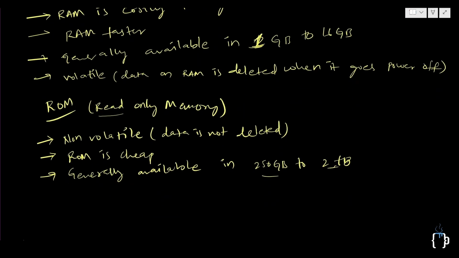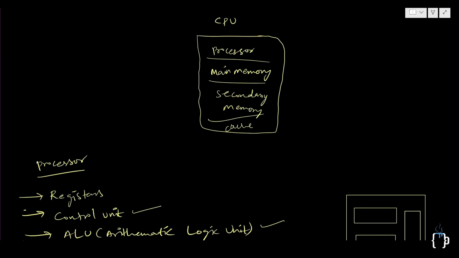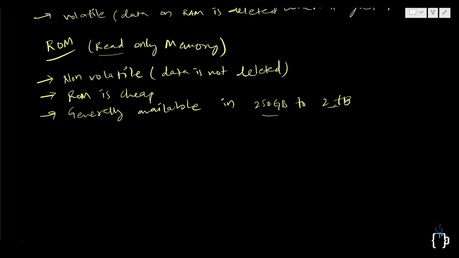Okay, we have cache memory. It is also a type of memory which is faster. Say you open Chrome. Firstly, we have secondary memory here, which is ROM itself.